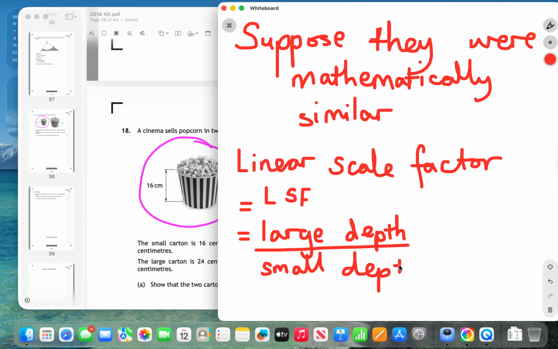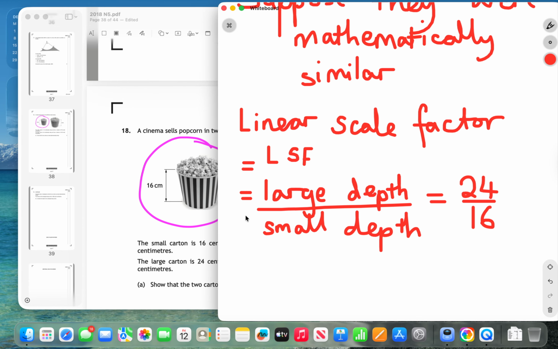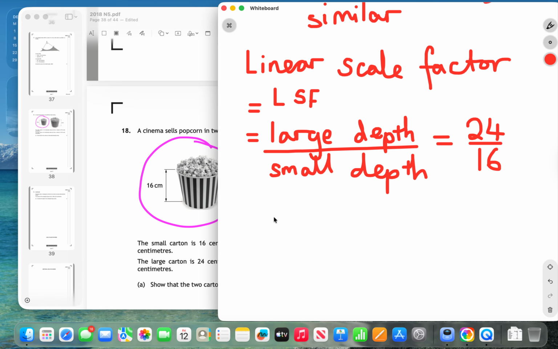And that's going to be 24 divided by 16. There's no need to evaluate this at the minute. You can just write down 24 over 16. Now, we then have to get the large volume.